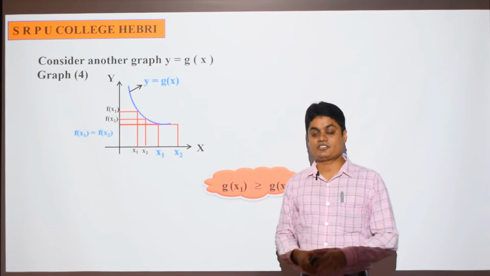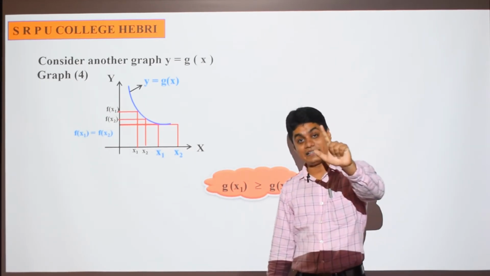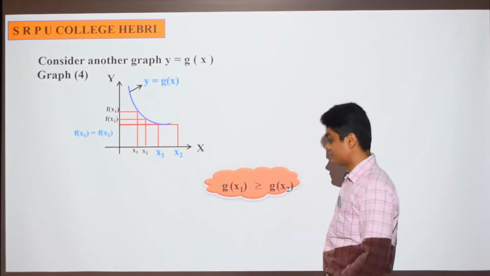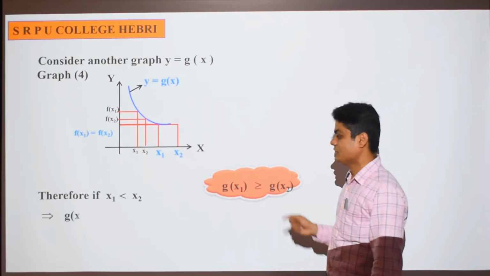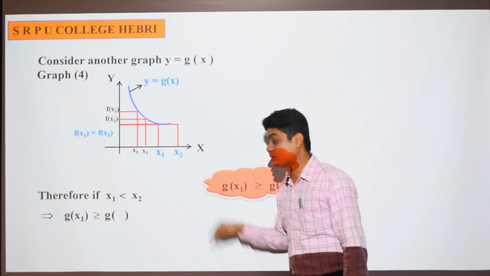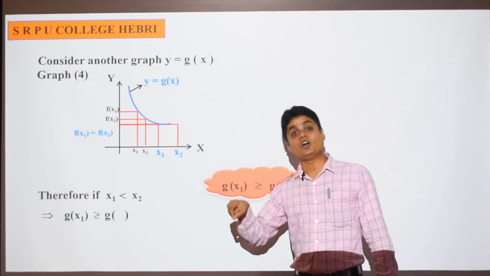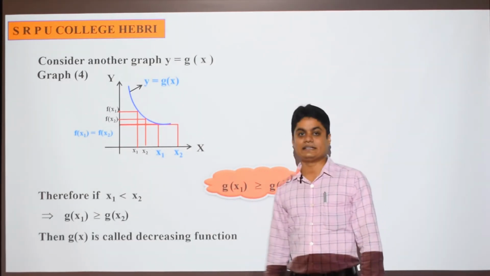Confusion? So how many terms are there: strictly increasing, strictly decreasing, four terms, remember. If this condition is satisfied, that is, if x1 is less than x2 then g of x1 is only greater than, it is strictly decreasing; if greater than or equal, g of x1 is greater than or equal to g of x2, it is a decreasing function.